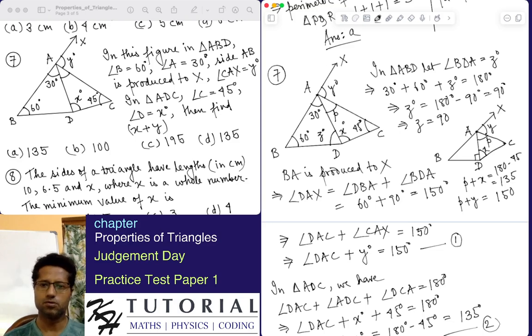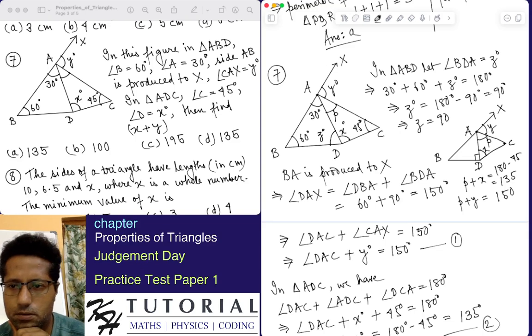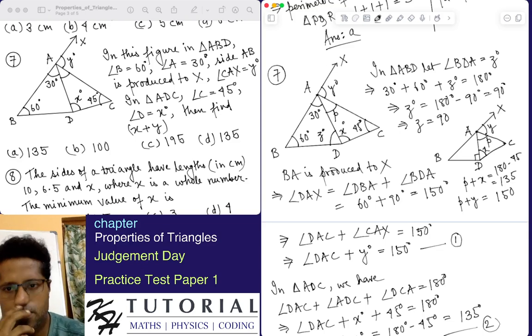I'm not able to solve until and unless BDC somehow becomes collinear, that is they lie on the same straight line, then we can find X, from the value of Z, because Z and X will be linear pair of angles.